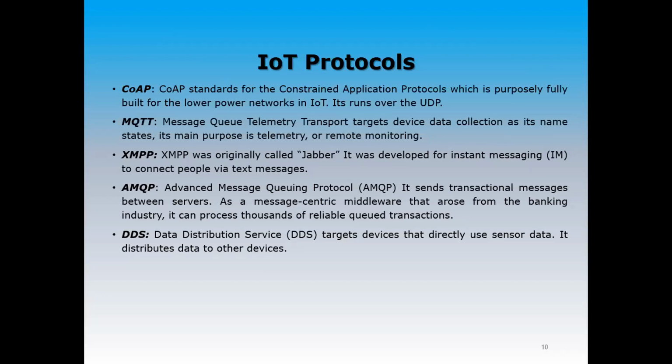Then there is MQTT, which follows what is called the publish subscribe method, not a client server method. When you want to get your data, you subscribe for it, and the devices publish the data. Let's say I want data from a temperature sensor or humidity sensor, I will only subscribe for that.